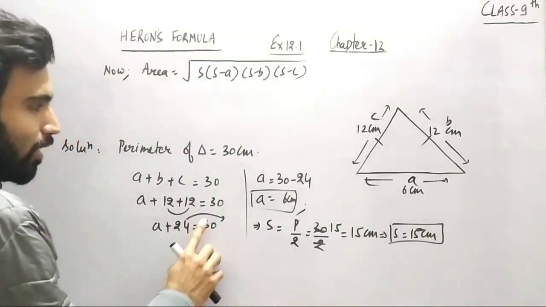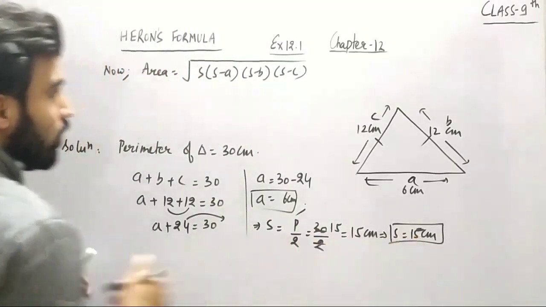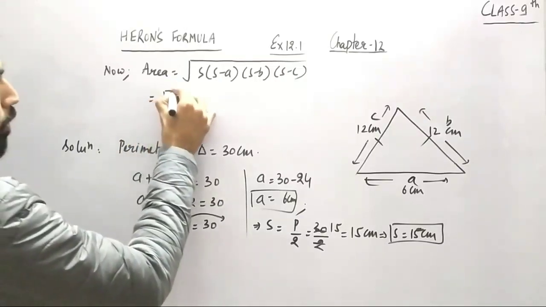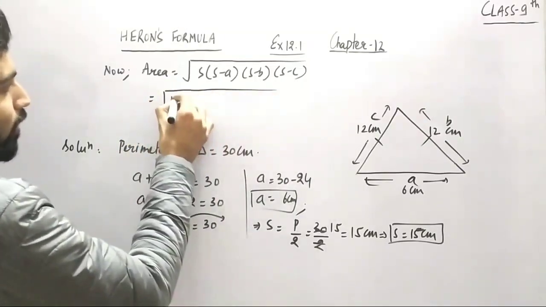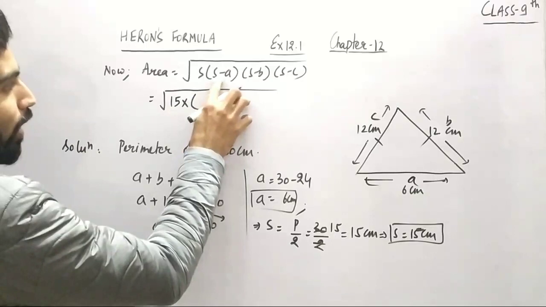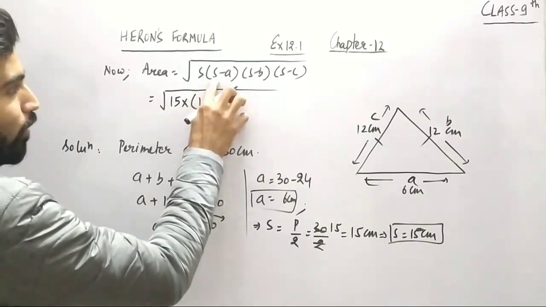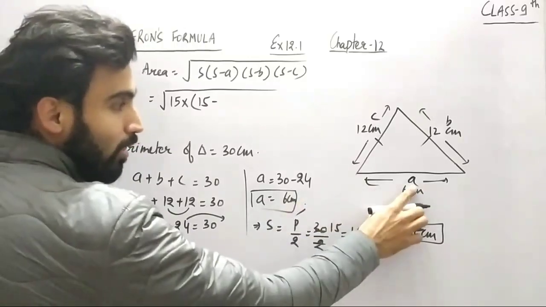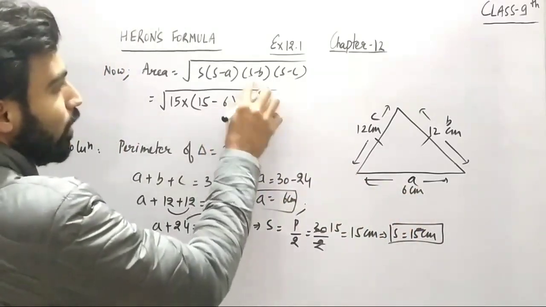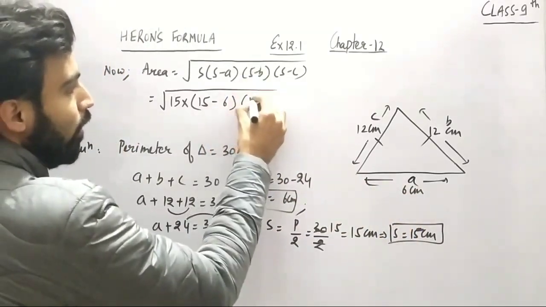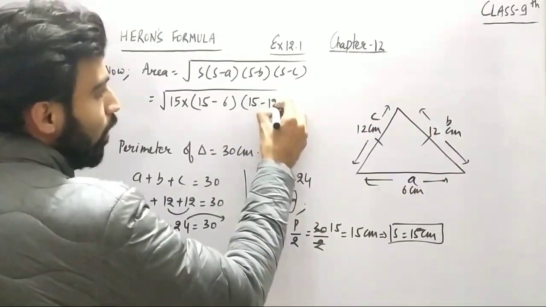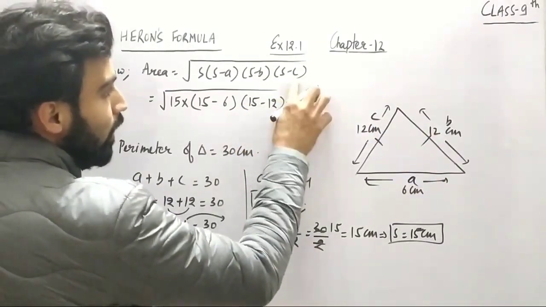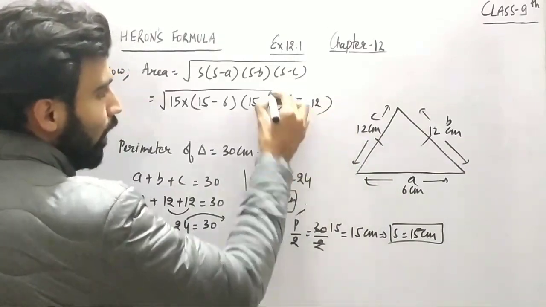So यहाँ पे आप देख सकते हैं S की value जो है मैंने find out की, that is 15. So let me just write here at the place of S, 15 into now S minus A. Again S is 15 minus A. What is A here? You can see we have calculated the third side. A is 6. Then you can see again S is 15 minus B, that is 12. Then 15 minus C, that is also 12, right?